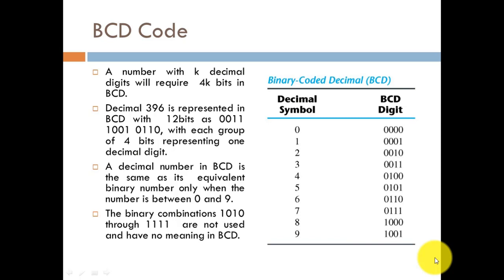The binary combinations 1010 through 1111 are not used and have no meaning in BCD. This table shows the decimal symbols and their equivalent BCD digits. 0 is represented as 4 zeros and 1 is represented as 0001.